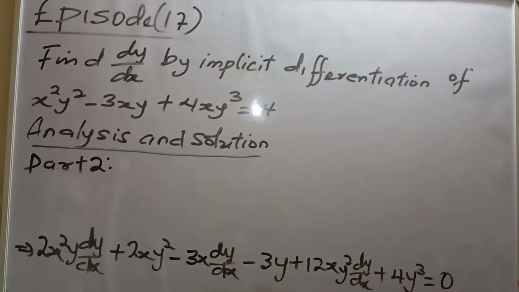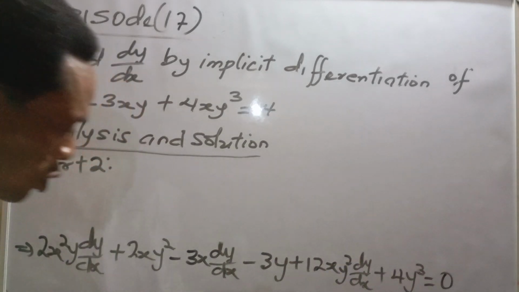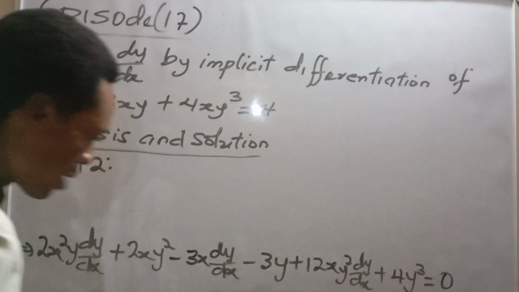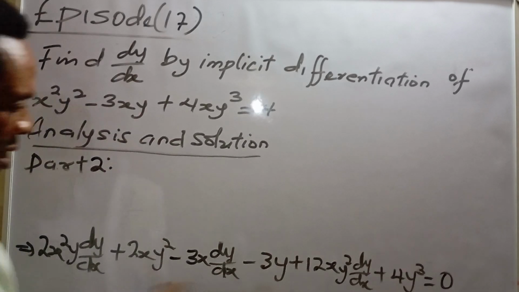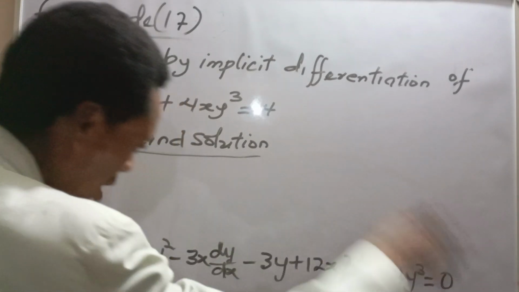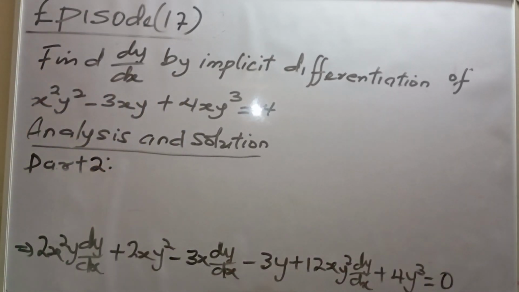So here now, look up. You see that this is dy, this is dy, this is dy. So we collect the items, we bring them together, and this we take to the right-hand side.